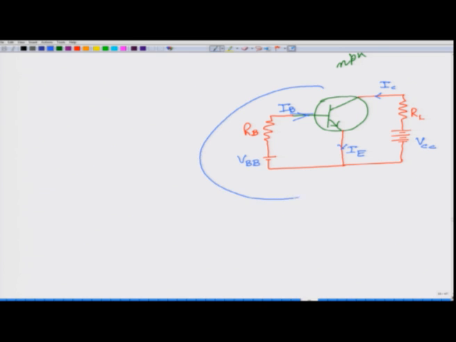So, look at the input side. On the input side, if I take the voltage between this point and this point, let us say these 2 points, which is the same as the voltage between the base and the emitter, this voltage we will write as VBE. This is the voltage between the base and the emitter.